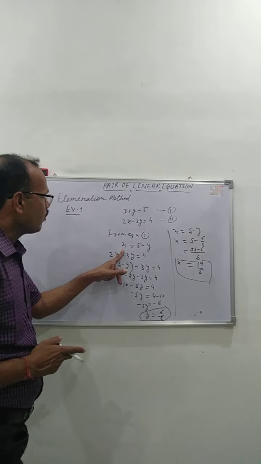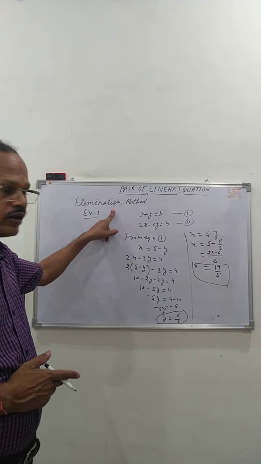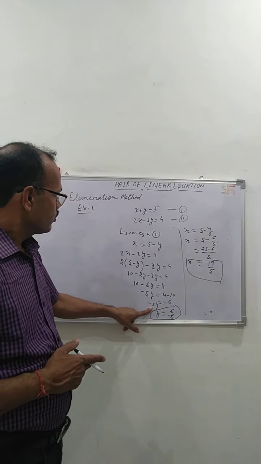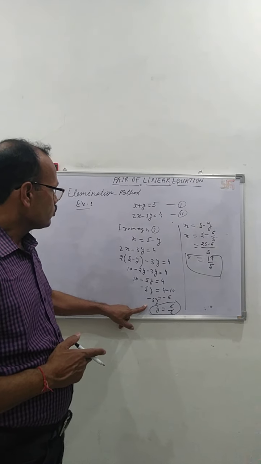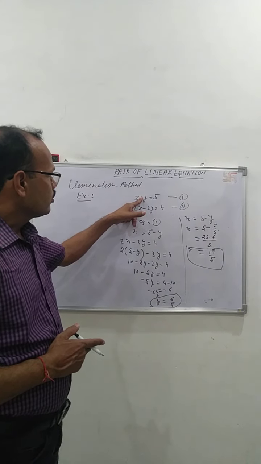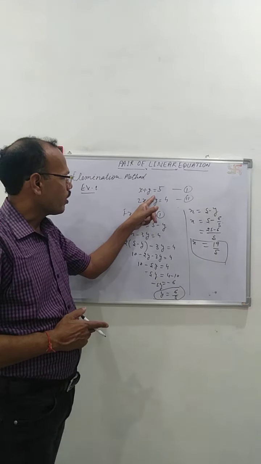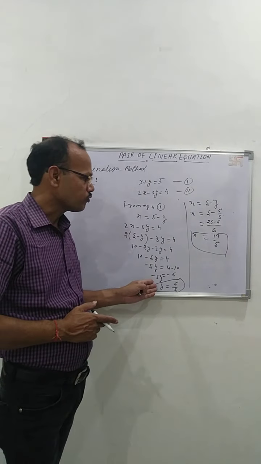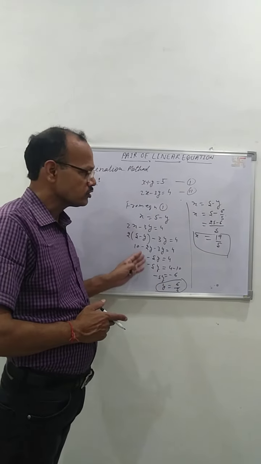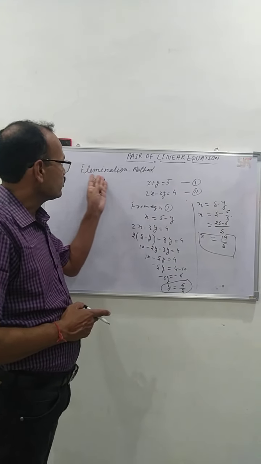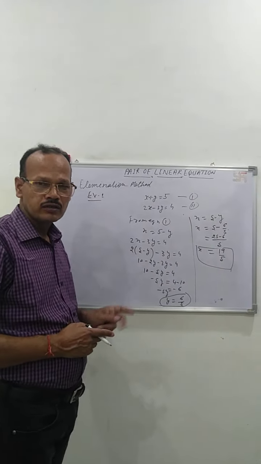This is the way of elimination by which we can find out the value of x as well as y. If you want to eliminate y, in that case we again put the value of y in equation number 2, and in a similar manner we proceed and finally find x and y. So in both cases the answer will be the same. So how we can apply the elimination method, is it clear?